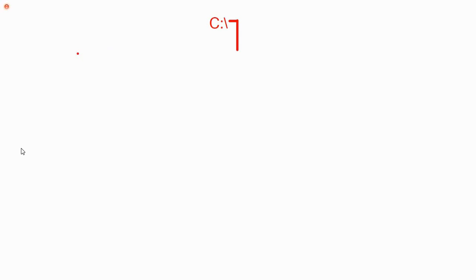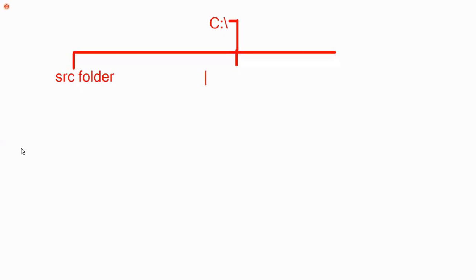generally while dividing projects, we will create two folders. One is the src folder, and one more, the classes folder. While developing applications, we create two separate folders, src and classes.